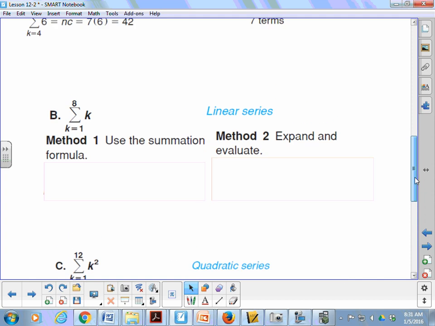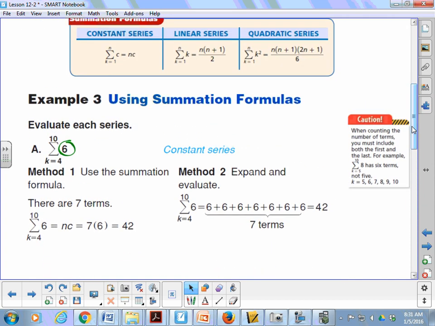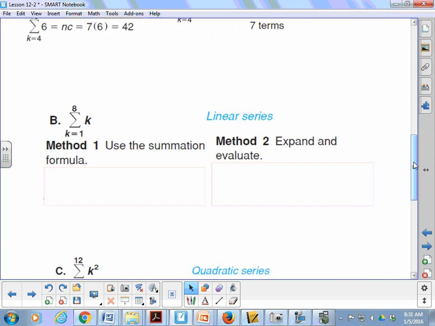When it's linear, the formula says, this is when it starts at 1 and goes to n, we're going to do n times n plus 1 divided by 2. So in this case, we'll do 8 times 8 plus 1 divided by 2.